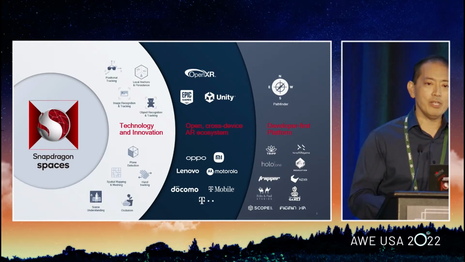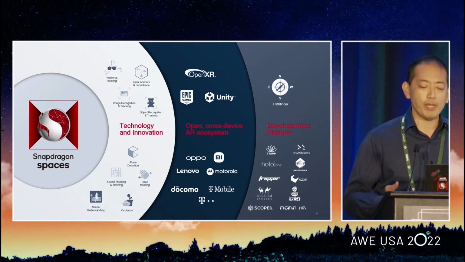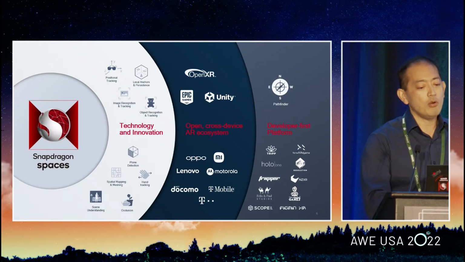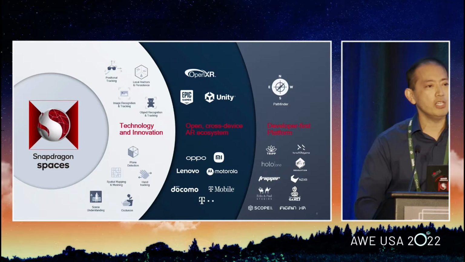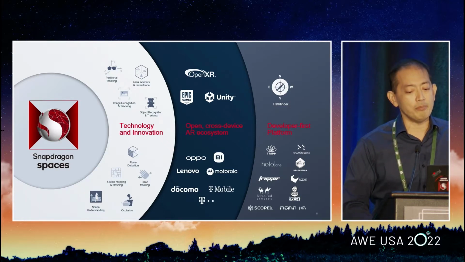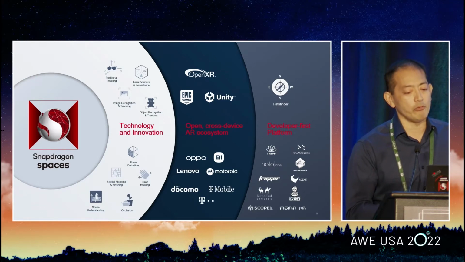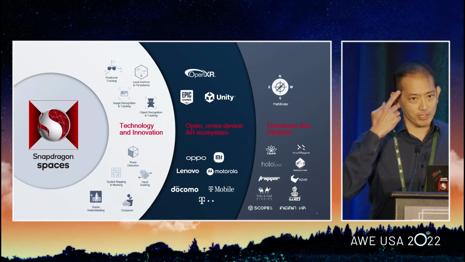At the same time, developers can minimize their code branching and distribute to all Spaces-compatible platforms with a single app. We also need network infrastructure that comes from our operator partnerships. And finally, for us at Qualcomm, having the developer partnerships means that your feedback can help influence the development of our platform features so that together we can help you make the apps that you're envisioning in your mind.